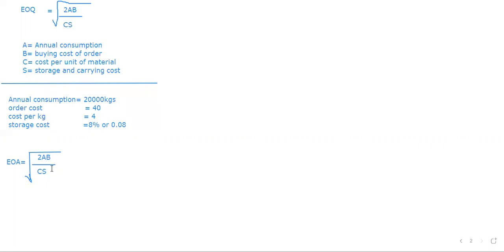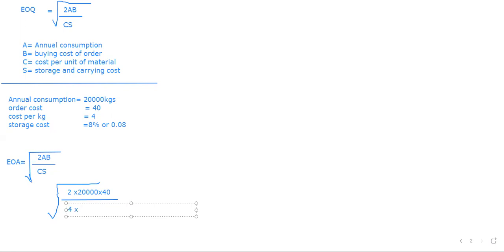Everything information they have been providing to us, I am just applying into the formula now. 2AB is 2 into annual consumption, 2 into 20,000, into the order cost, which is 40. Then divided by CS, the carrying cost. Here they have given cost per unit, 4, into the storage cost.